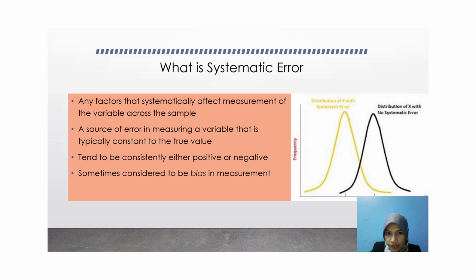It is a source of error in measuring a variable that is typically constant relative to what is presumed to be the true value of the variable being measured. Sometimes it is considered to be bias in measurement.